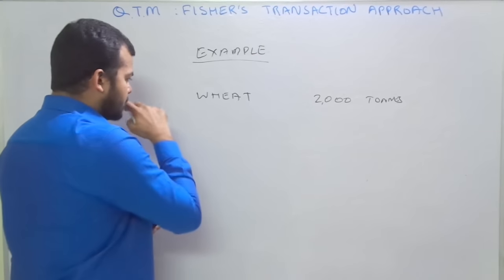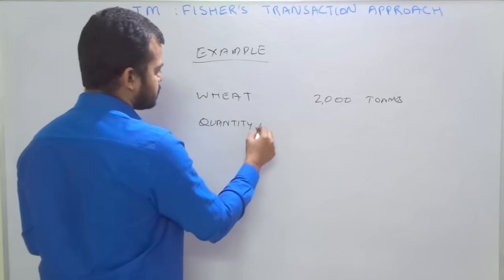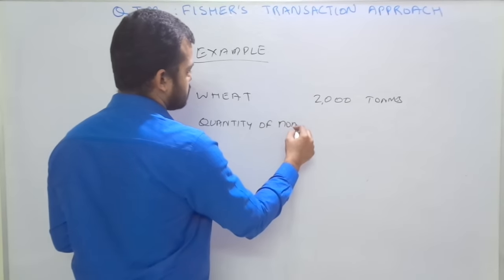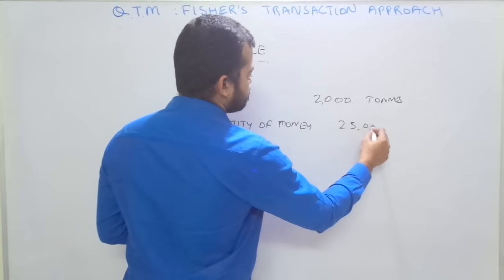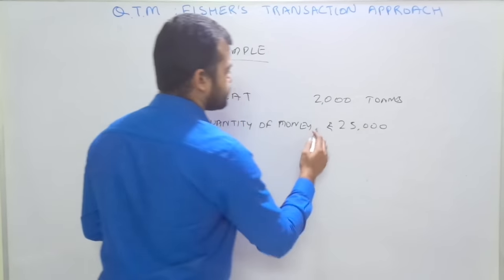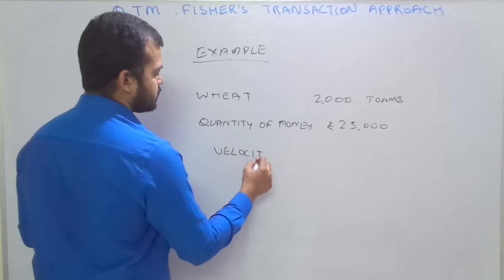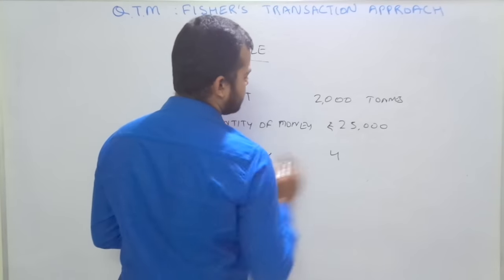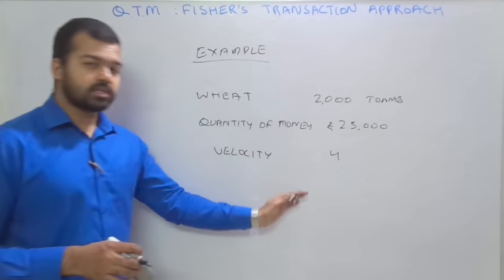The quantity of money is 25,000 rupees. The third one, the most important, velocity. We are considering velocity here as 4. So these are the given situations in the economy.